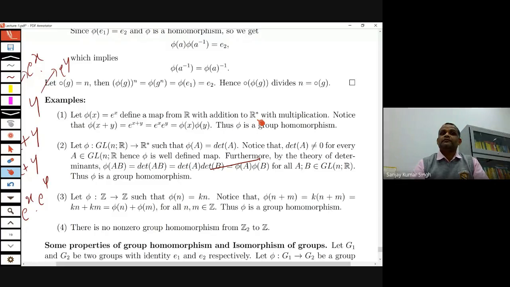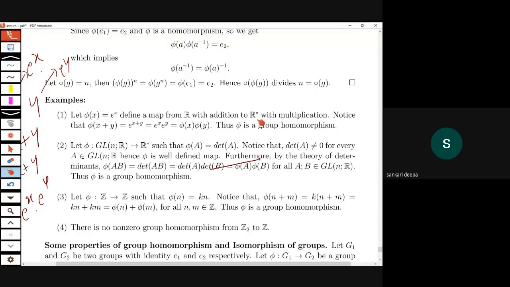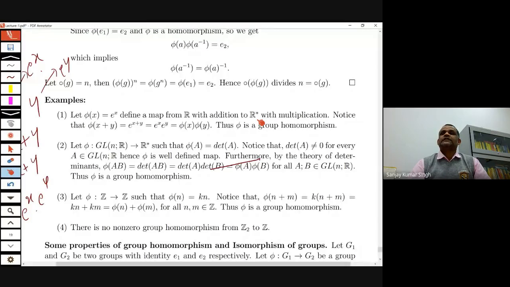You are asking whether R plus and R star are isomorphic or not, because this map is not onto. So you are expecting some map from R plus to R star which is one-one and onto. So basically your question is, is R isomorphic to R star or not?